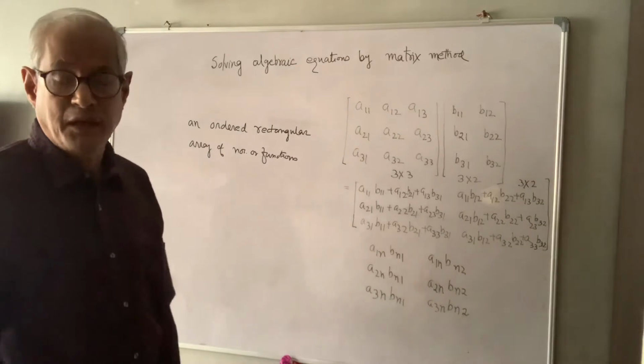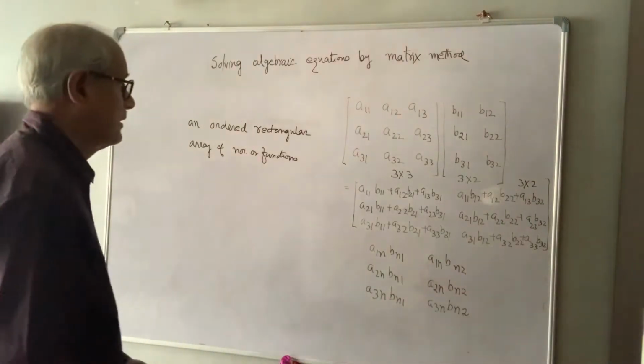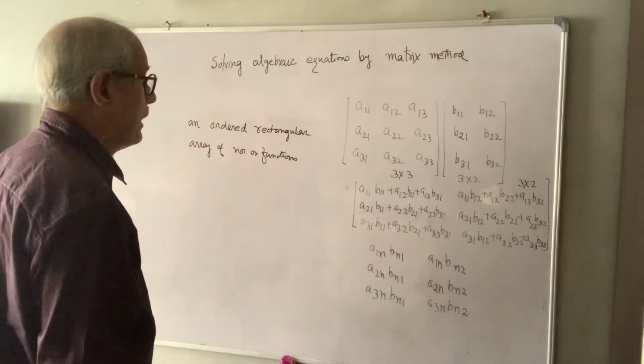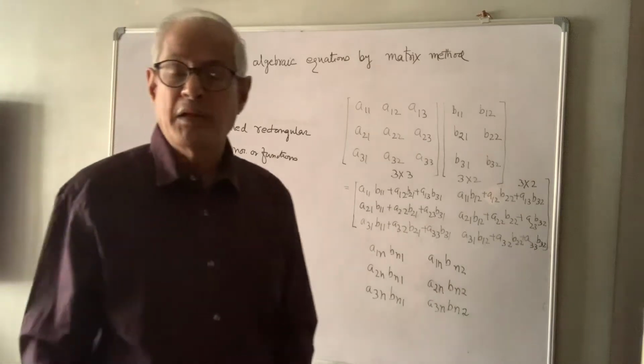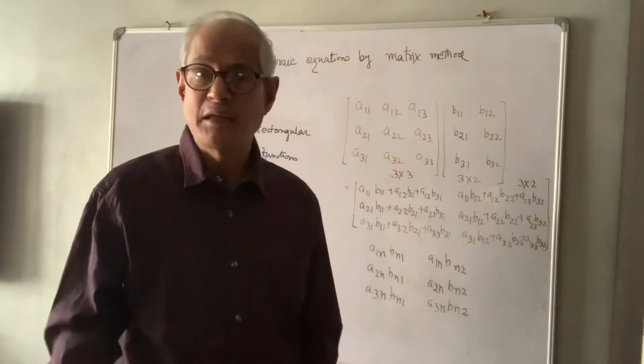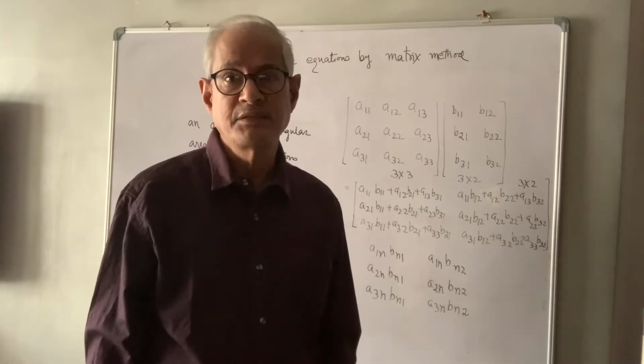Order means the numbers or the functions cannot be haphazard. A matrix is known by the number of rows and the number of columns, and accordingly the order of the matrix is determined.